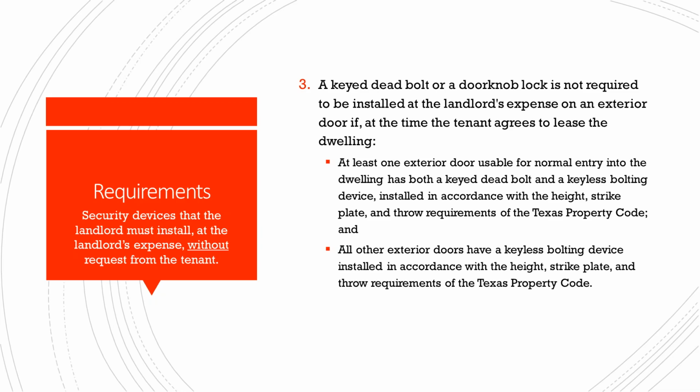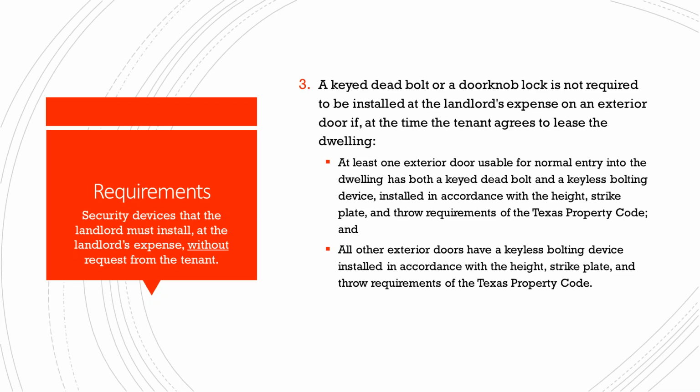A keyed deadbolt or doorknob lock is not required to be installed at the landlord's expense on an exterior door if, at the time the tenant agrees to lease the dwelling, at least one exterior door usable for normal entry into the dwelling has both a keyed deadbolt and a keyless bolting device installed in accordance with the property code requirements, and all other exterior doors have a keyless bolting device, again, installed in accordance with the property code. So that is the third exception that you'll run into for those Category 1 requirements.